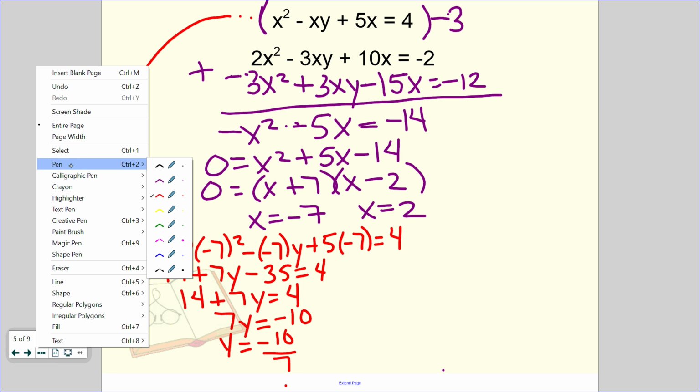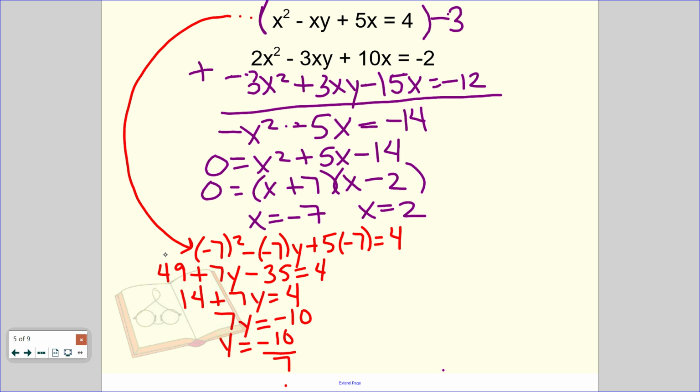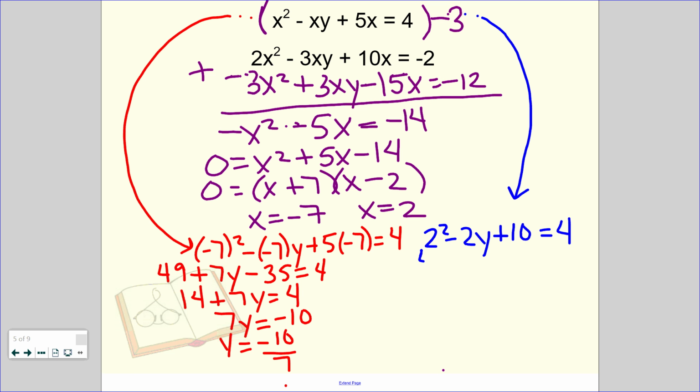If I plug 2 into the top equation, I'll do this one in a different color, that's going to give me 2 squared minus 2y plus 5 times 2, 10 equals 4. So 4 minus 2y plus 10 equals 4. I notice here I've got 4s on both sides, so I'm just going to cancel those.